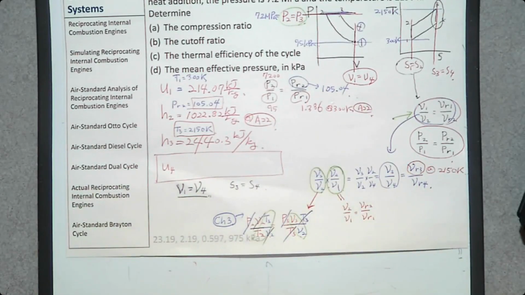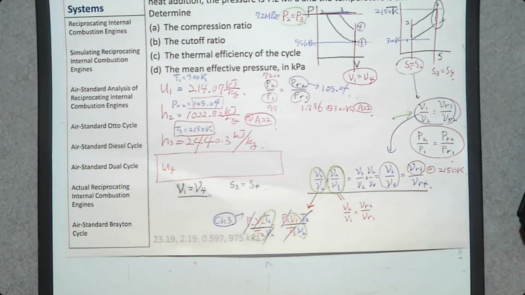So we can calculate V3 over V2 by T3 over T2, since T3 is given, and we can find T2 from this PR2. And for this term, we can find VR2 from this PR2 and VR1 from 300 Kelvin. So that's how we can determine the left-hand side of this equation.